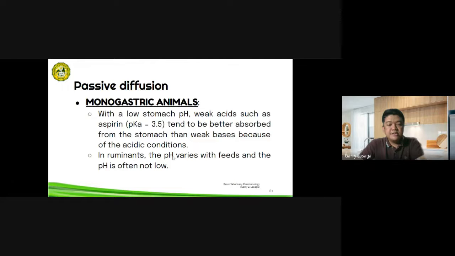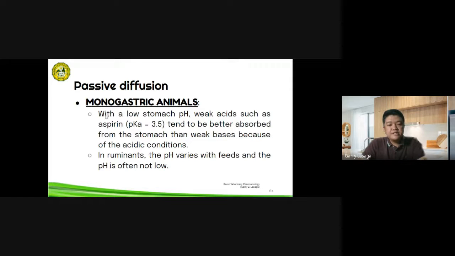So in ruminants, the pH varies with the feeds and the pH is often not low. So for ruminants, they usually have higher pH or a pH that is more to the basic side as compared to the monogastric animals such as dogs, wherein the pH of the stomach is acidic.